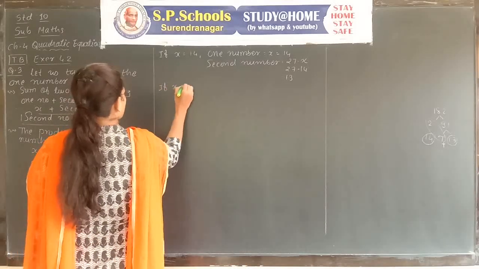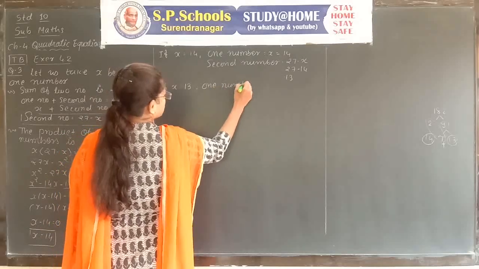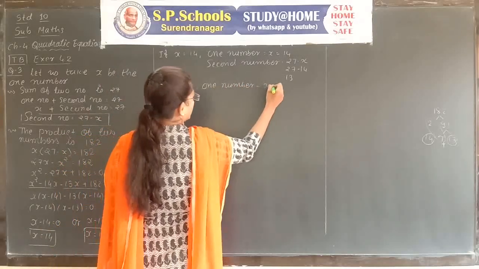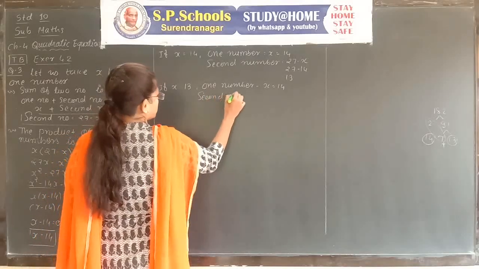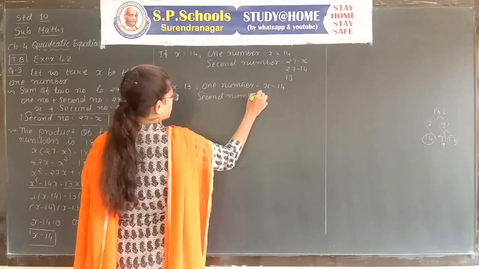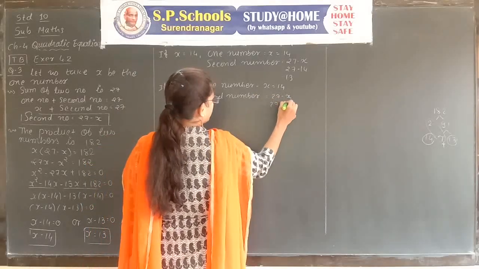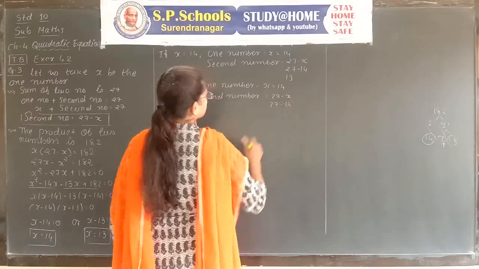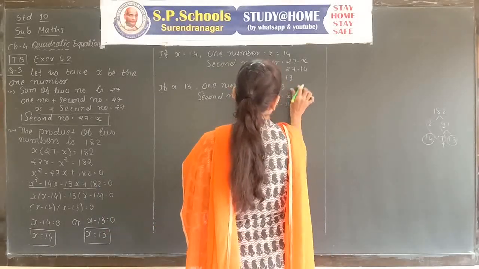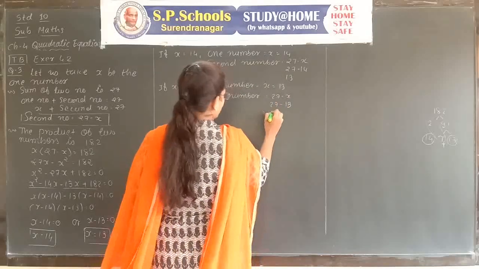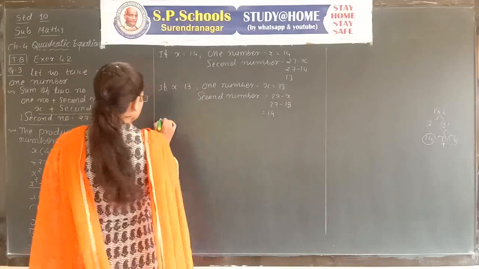Now if the other value of x is 13, then one number is x equals 13 (sorry, the second value of x is 13, not 14), and the second number is 27 minus 13, which is 14. Therefore, the required numbers are 13 and 14.